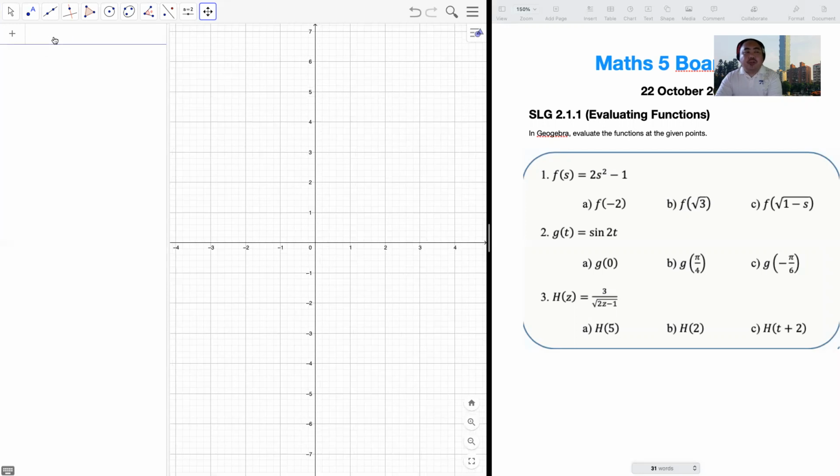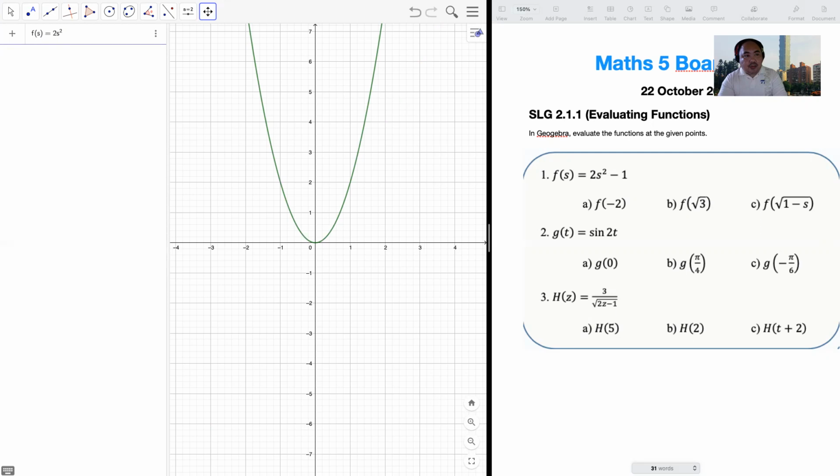Okay, so for example, in number one, you have f of s. You just type f of s is equal to 2s squared minus 1.